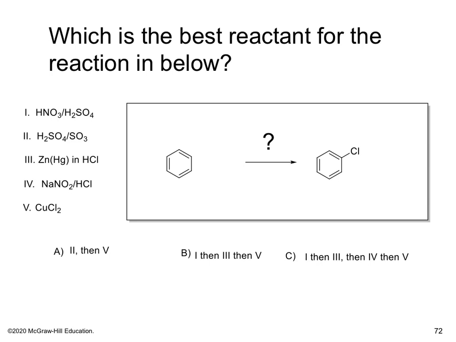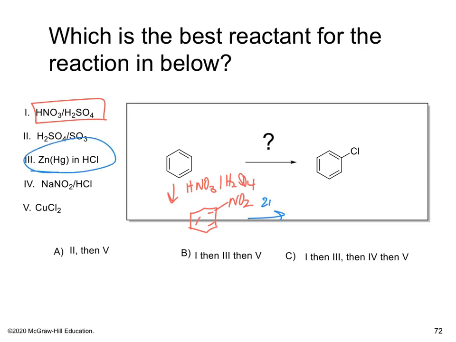Okay, so what is the best reactant for the reaction below? Well, we're taking benzene. Let me just look at what we have here. You're going to have to do the nitration, right? HNO3 and sulfuric acid. So that's going to make a nitro. And then our next reaction would be to reduce, so we can reduce that with zinc, mercury, and HCl. I think that was one of our go-to reducing reagents.